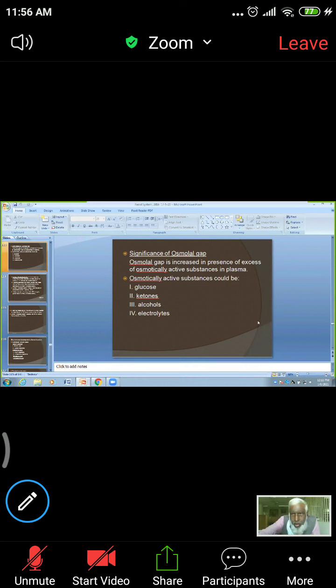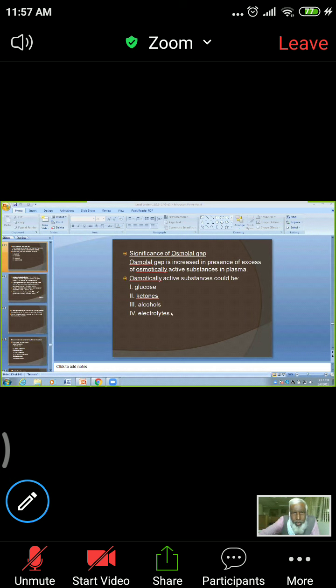Okay, and they then do appropriate tests for identifying the liquor. So in alcoholic poisoning, the osmolar gap increases. It could also be increased when the plasma contains excess glucose. Excess glucose and ketones could be present in uncontrolled diabetes mellitus. Okay.